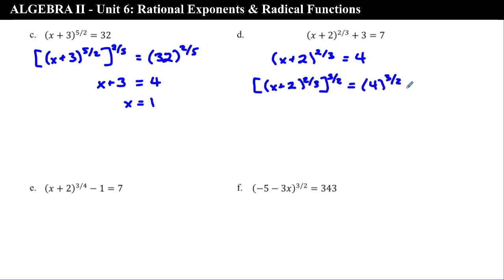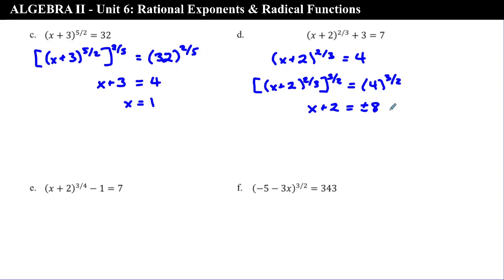Again, put 4 to the 3 halves in your calculator. On this side we have x plus 2. You put that right-hand side in your calculator, you get 8, but remember, this is an even index. That bottom number of your rational exponent being even tells you it's an even index, which means you're going to have a plus or minus 8.